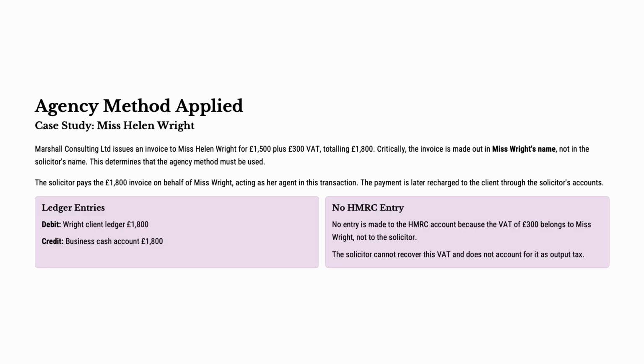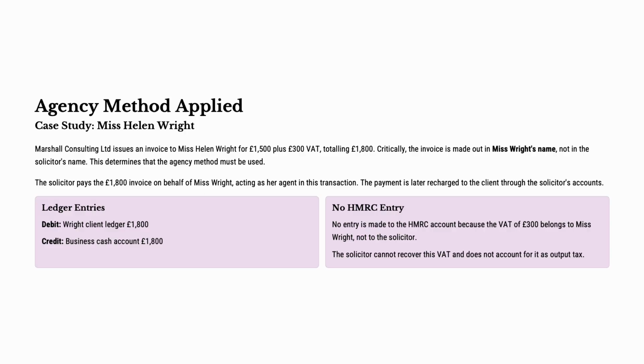So let's apply this. We have a case of Miss Helen Wright. She has an invoice in her own name for 1,500 plus 300 VAT. The solicitor pays 1,800 on her behalf from the business account.